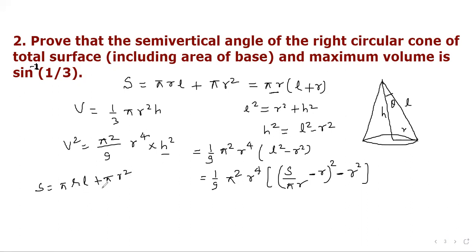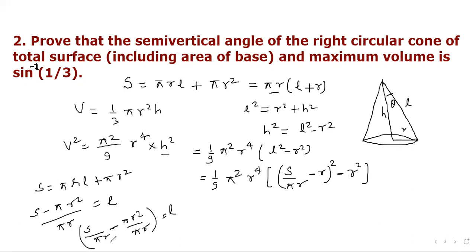So we need the value of L. So what we do, we write S minus pi R square divided by pi R equal to L, or S upon pi R minus pi R square upon pi R equal to L. So from here we get S upon pi R minus R, as pi will cancel out. So we have got this value. Now let's write it further.